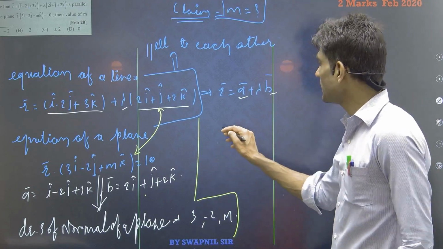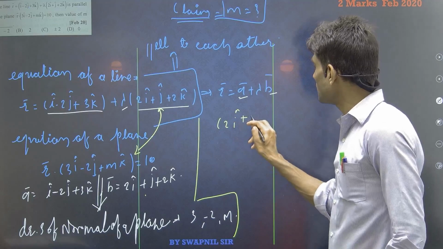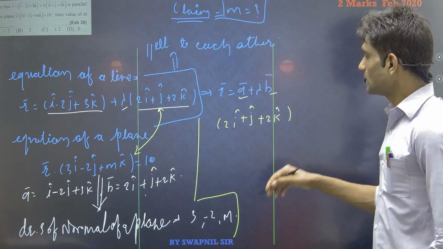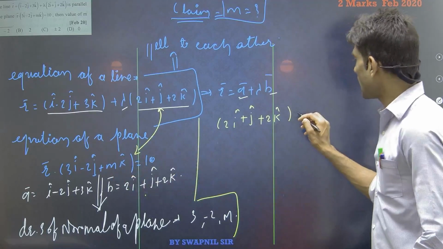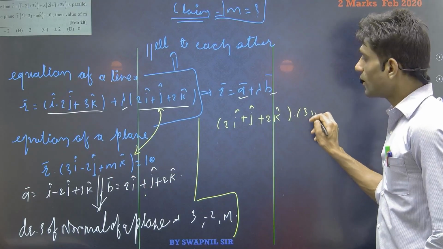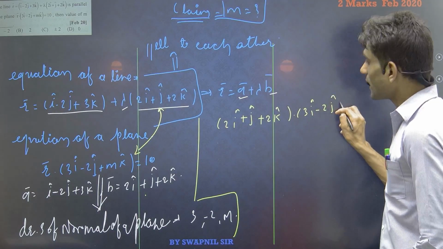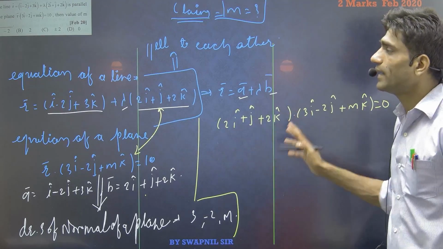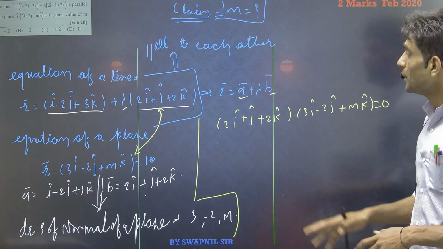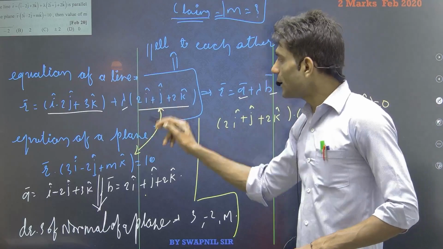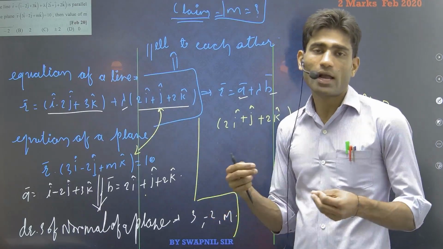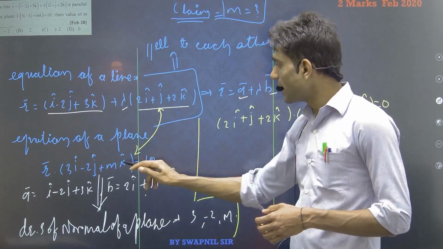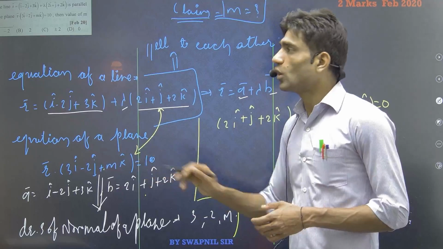So we write 2 times i cap plus j cap plus 2 times k cap, multiplied by 3 times i cap minus 2 times j cap plus m times k cap, which gives us the value 0. We can take their dot product as 0 because the line and plane are parallel. So the dot product of lambda times b bar and n cap needs to be 0.